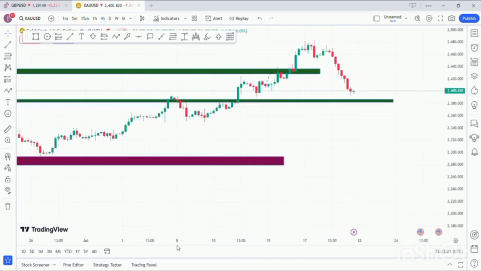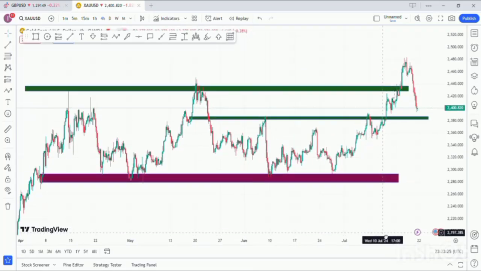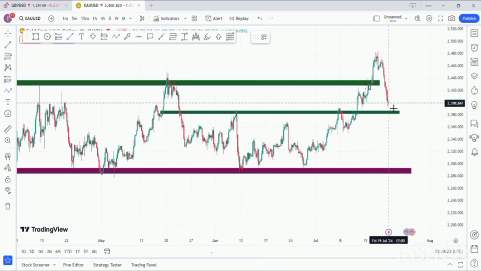Alright guys, so this is the 4-hour time frame chart on XAUUSD. Price broke out of our resistance zone just like we expected for last week, and then came back in. So right here on XAUUSD on the 4 hours time frame, we're expecting price to continue downward since it's already on a downward movement.